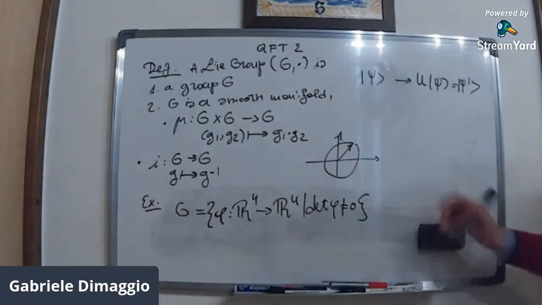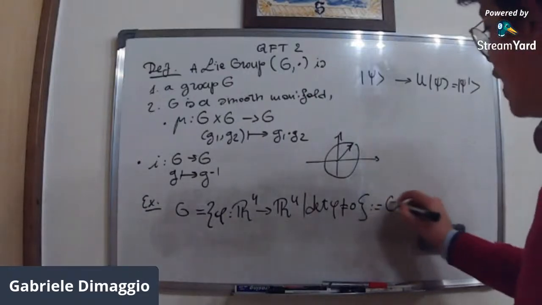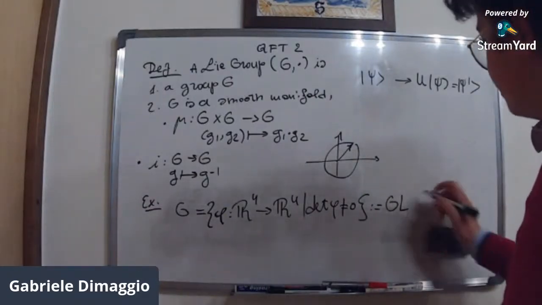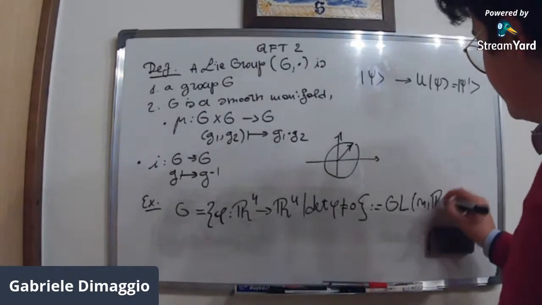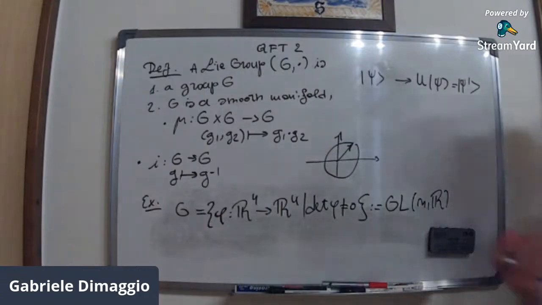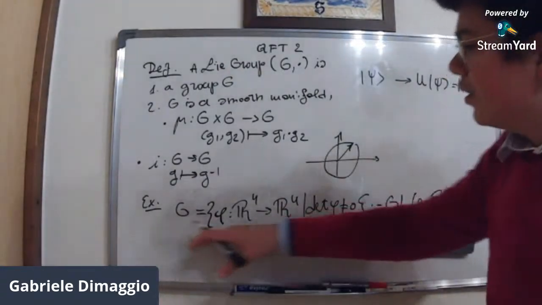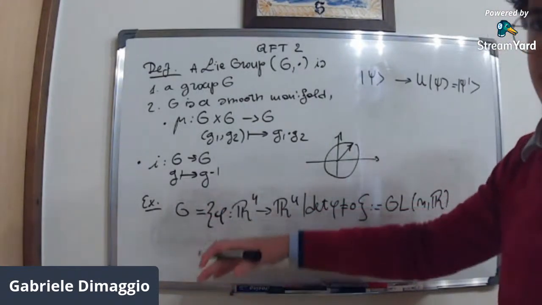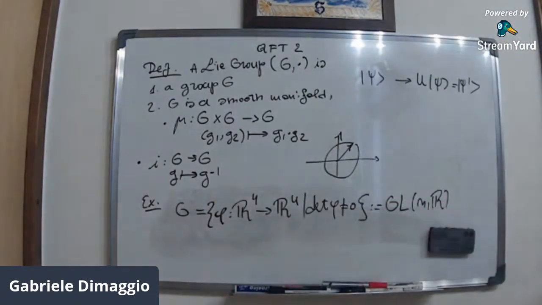And this is defined as the general linear group n, R in this case. So this group is very important because it's used in many parts of physics, in many branches of physics.